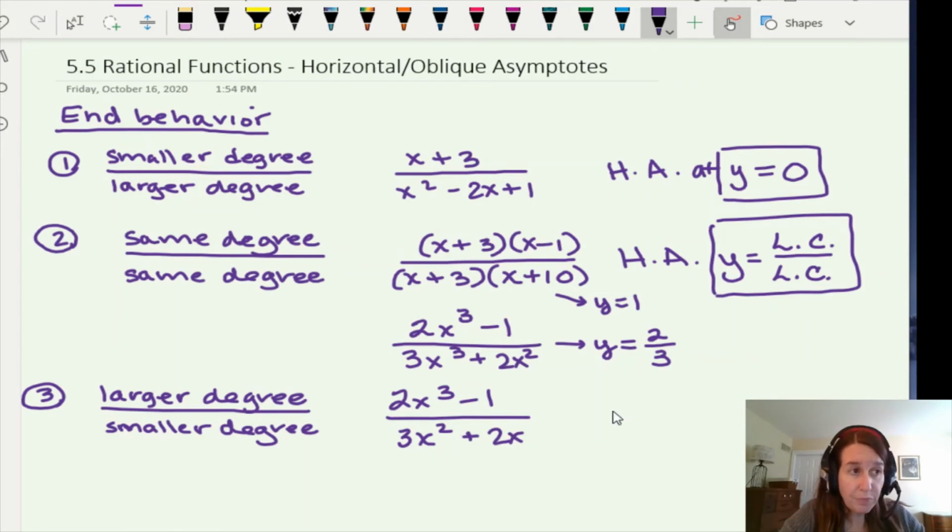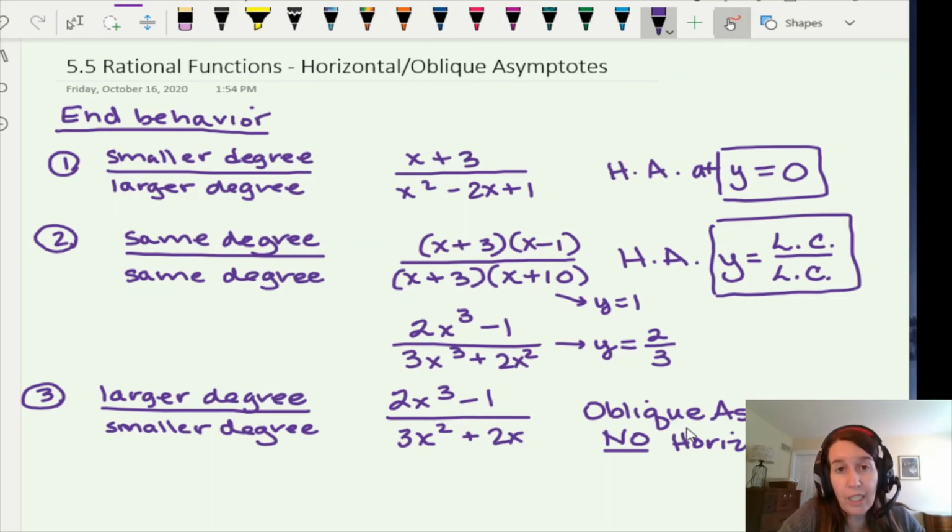We have what is called an oblique asymptote. There is absolutely no horizontal asymptote. Instead it is oblique.